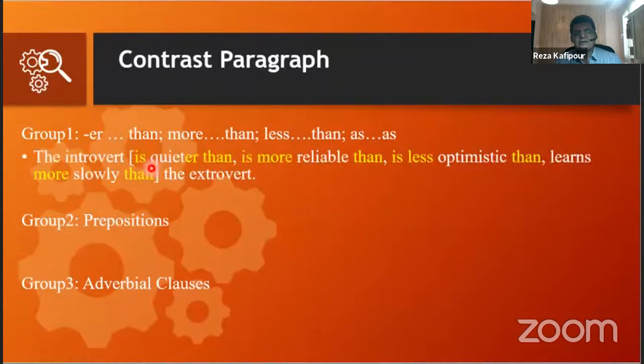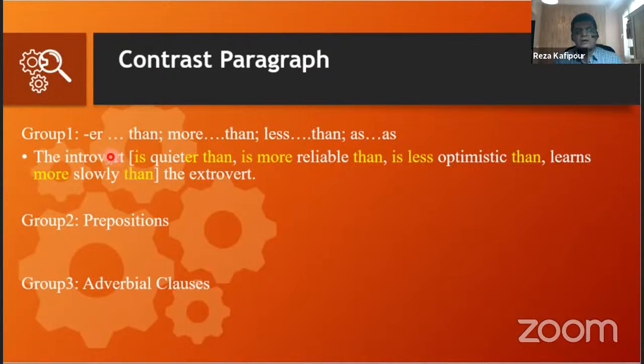So let's see how we can use them in example sentences. For example, we are going to compare introvert and extrovert. Introvert, a person who thinks inwardly, and extrovert, a person who thinks outwardly.